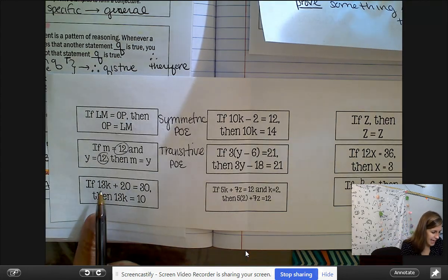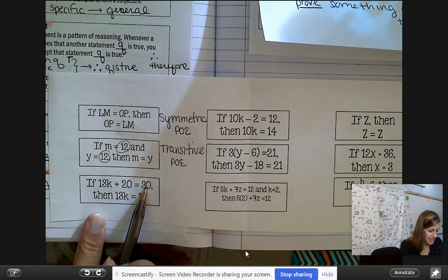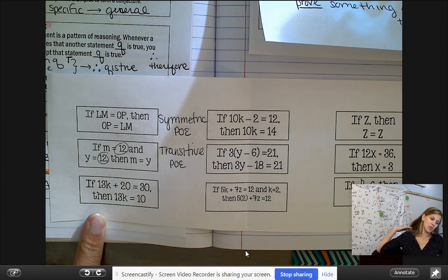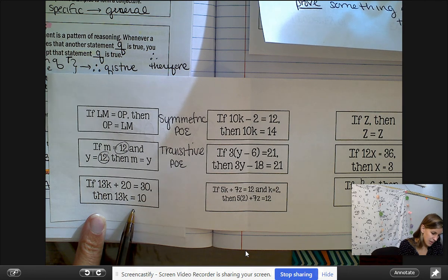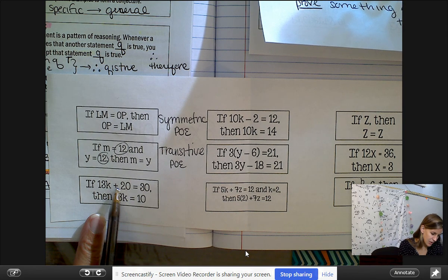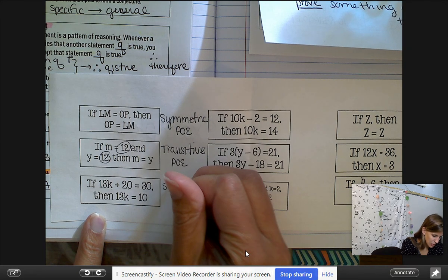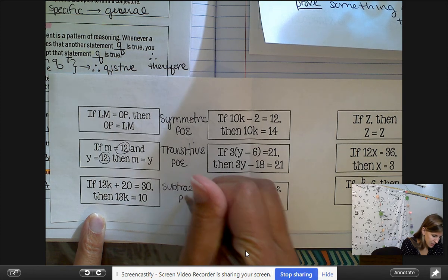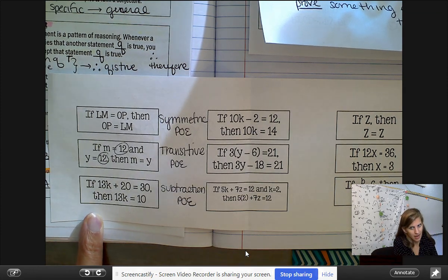Next down here, if we have 13k plus 20 is equal to 30, then I can do that 13k equals 10. So what I noticed there is that there was a 20 and now there's not. And this was 30 and now it's not. So we must have subtracted, so subtraction property of equality, because we subtracted 20 from both sides, because we're trying to solve for k, I guess.